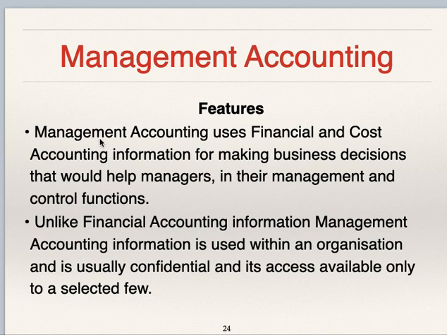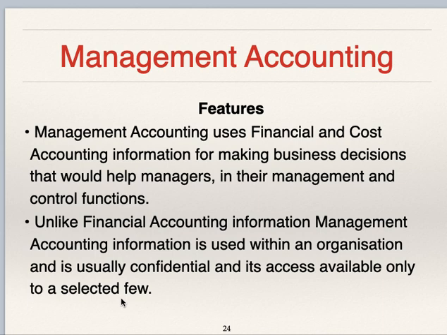Few more features we'll see. Management accounting uses financial and cost accounting information for making business decisions that would help managers in their management and control functions. Unlike financial accounting information, management accounting information is used within an organization and is usually confidential, and its access is available only to selected few.